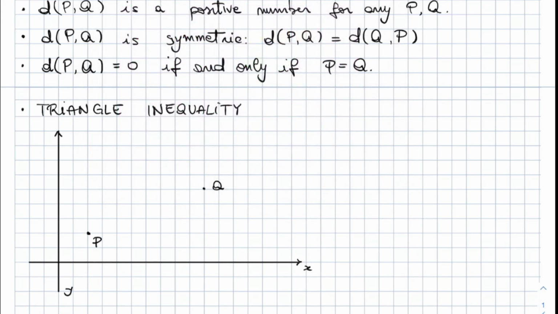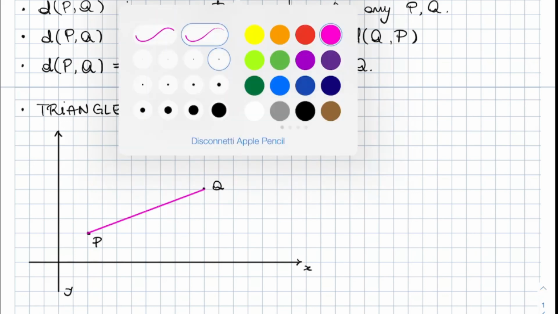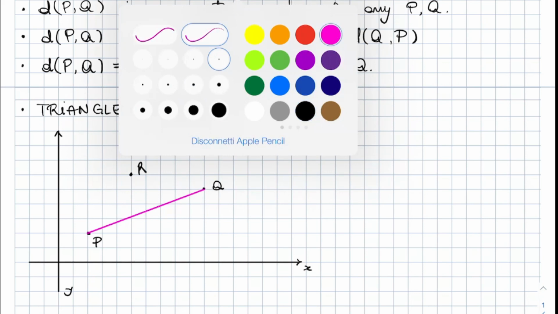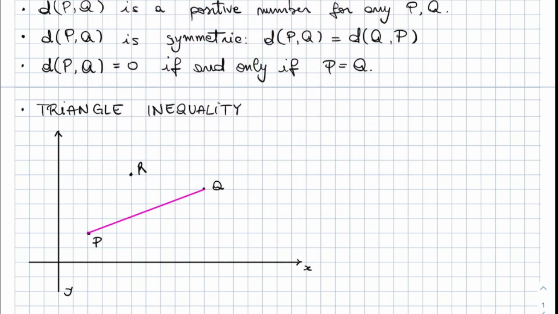Well, we know that the shortest way to get from P to Q by experience is going straight from P to Q. So let's say that I have a third point here, let's call it R. And let's say that if I want to go from P to Q, I decide to go through R. Then I am drawing a triangle whose vertices are exactly the points P, Q, and R.